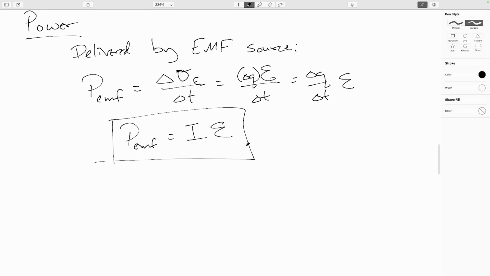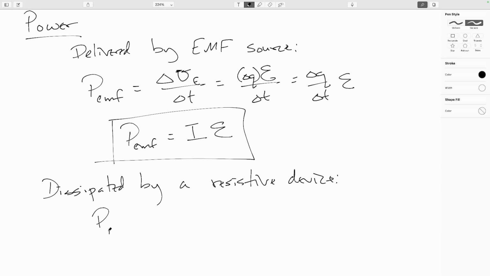Now, on the other side, being dissipated by a resistive device, it's the same logic. It's the time rate of change of the electric potential energy of the electrons flowing through.